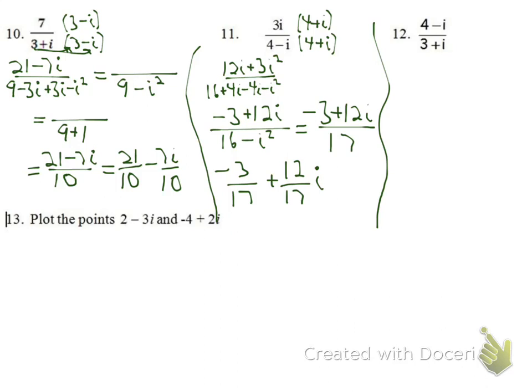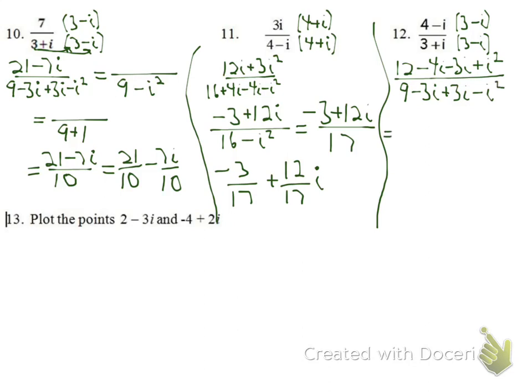Okay, now number 12, top and bottom multiplied by 3 minus i. For the top, we're going to get 12 minus 4i minus 3i plus i squared. For the bottom we get 9 minus 3i plus 3i minus i squared.